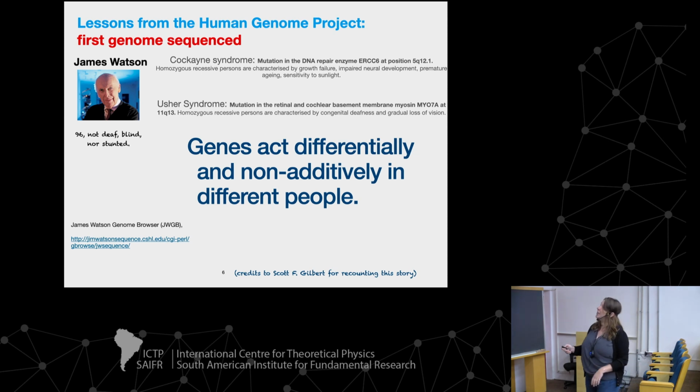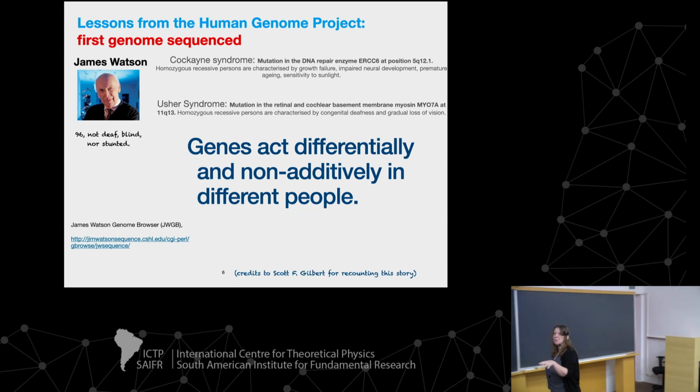He also is a carrier, look, he's really lucky, of Usher syndrome. So this would predict, if you just looked at that, that he would be deaf and would have lost his vision. He's actually not deaf, and he still has his vision. So he's okay, actually. And this was one of the surprises, and people don't tell that to you too strongly, because where would we be with biomedicine?